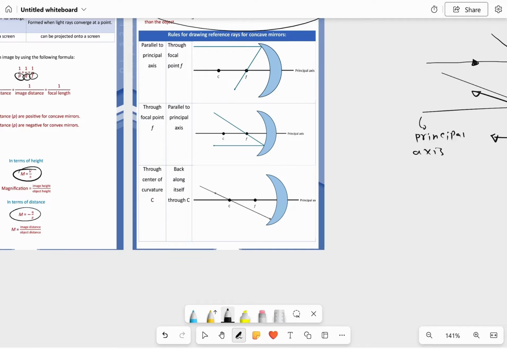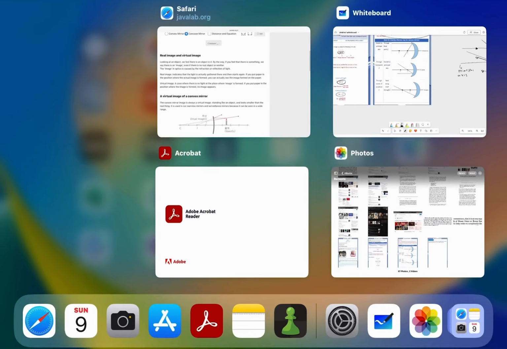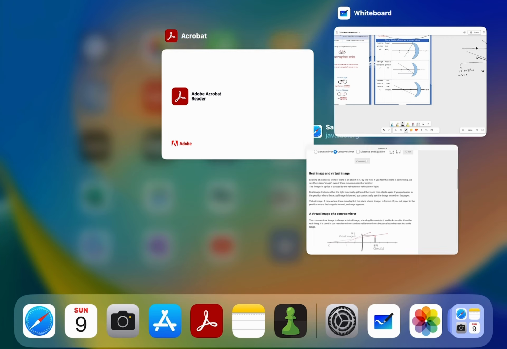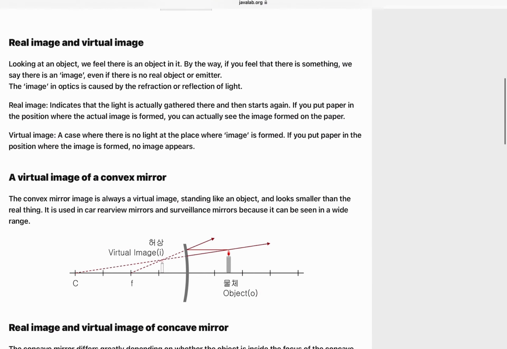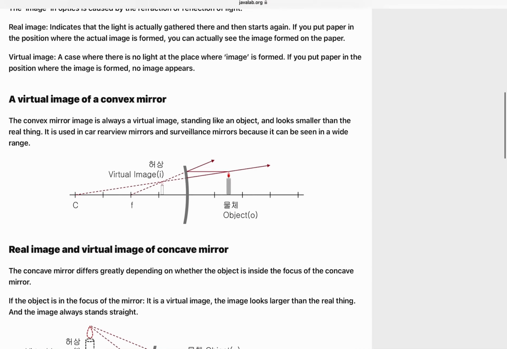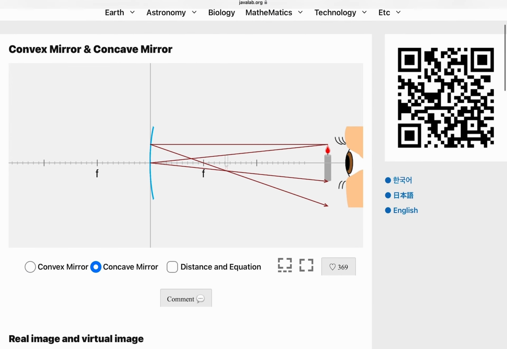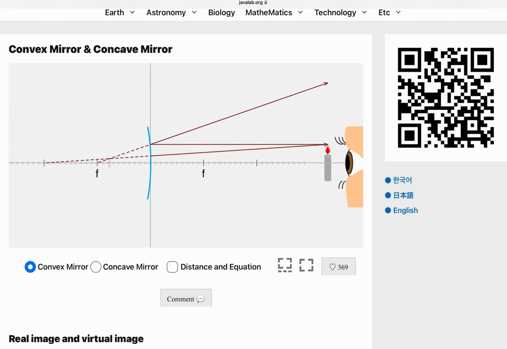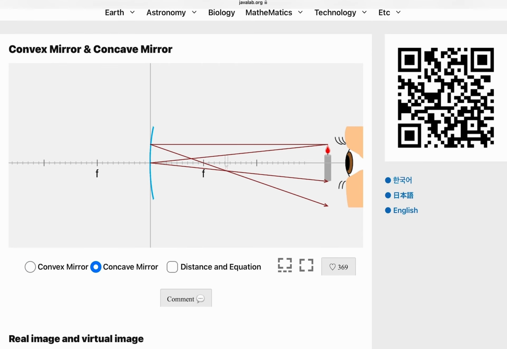You should know them. Then we have something really important here, which is the magnification of an image by a concave mirror. This is a convex mirror, and this is a concave mirror. We have an object, a candle, and then here we have the focal point, and then we have the center too.